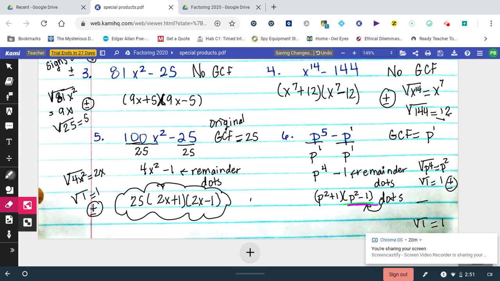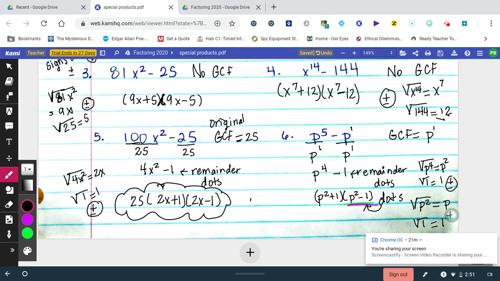It's just so frustrating. Let's see if it gets better. Square root of p squared is p. Like I have to write super slow.